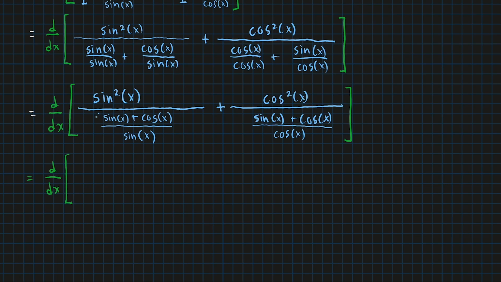So we are just, let me put this in brackets so it's a little clearer. So we are going to take sine squared of x and multiply it by the reciprocal of this. What is the reciprocal of that?